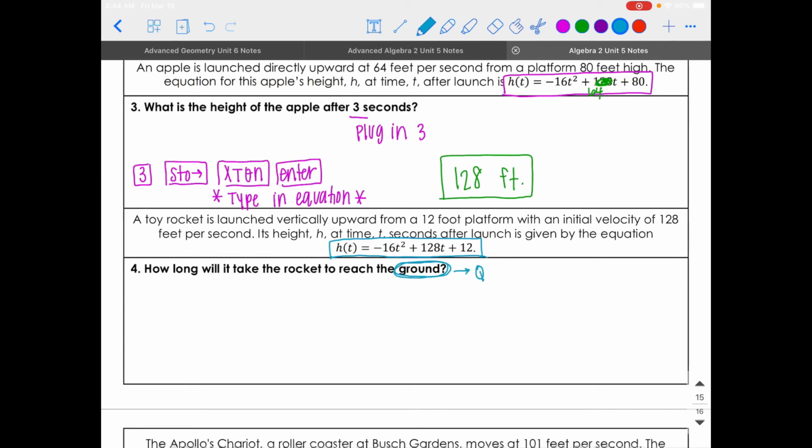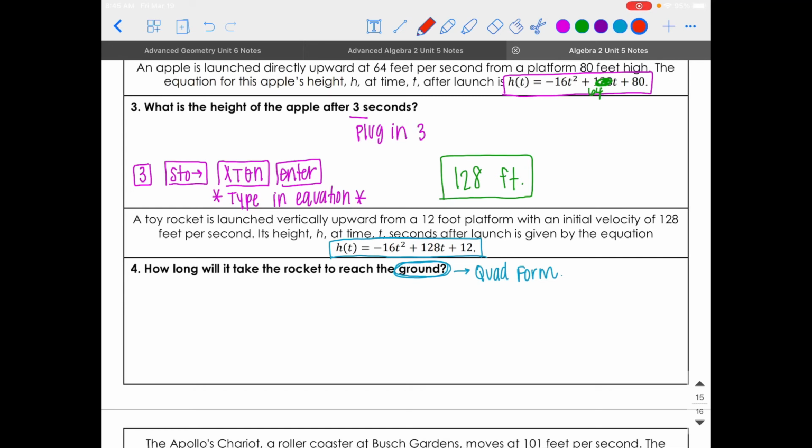Remember, this is where I said you're going to have to do the quadratic formula. Now, when you get this, you will most likely get a negative number and a positive number. When you do it once, it'll be a negative. Another time will be a positive. We only care about the positive number.